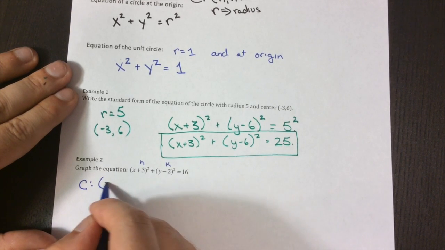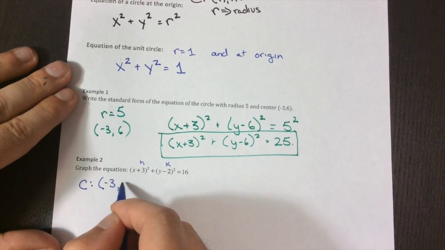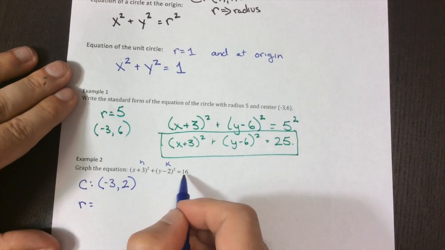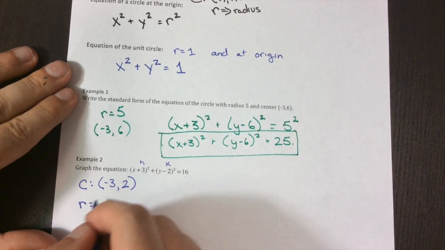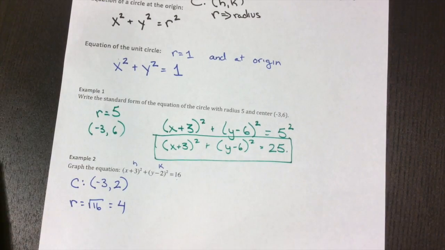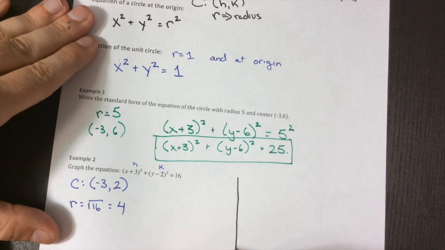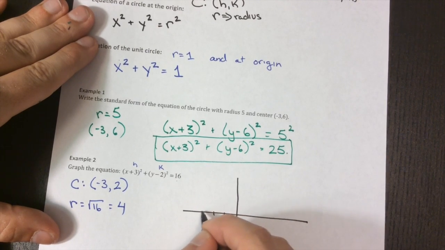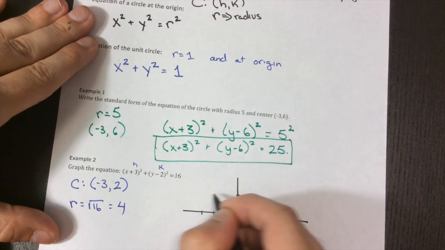So the h is -3, the k is 2, and my radius is what number? I want to know what the square root of 16 is. That's 4. So if I draw my xy coordinate plane in here, I have a center at -3, 2.